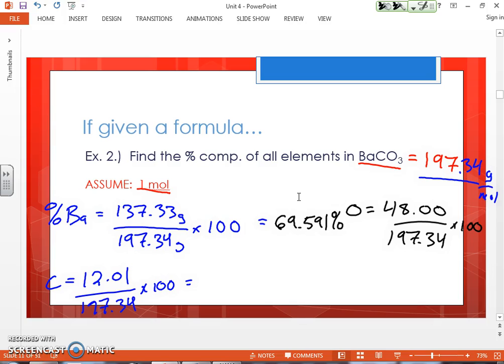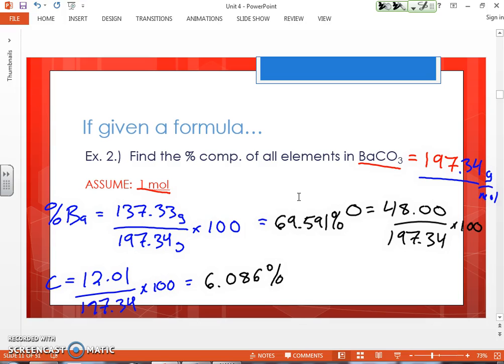69.591%. Bottom one, 12.01 divided by 197.34 times 100 gets me 4 sig figs, 6.086, and that's the rounded percent.